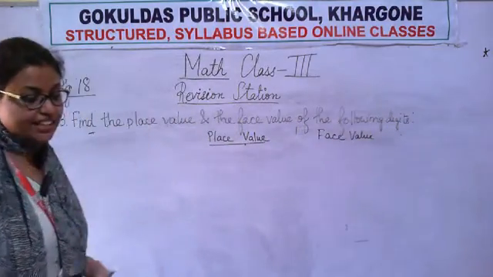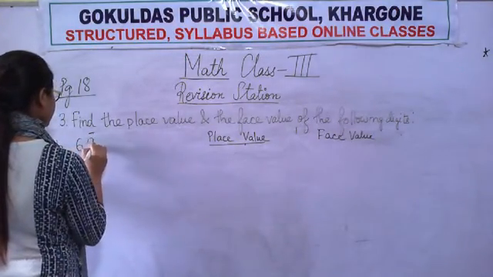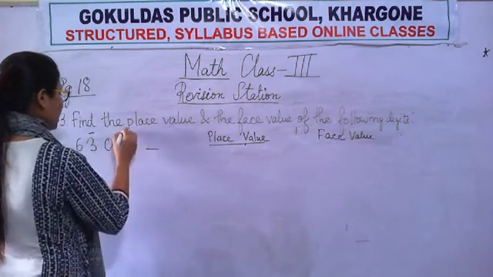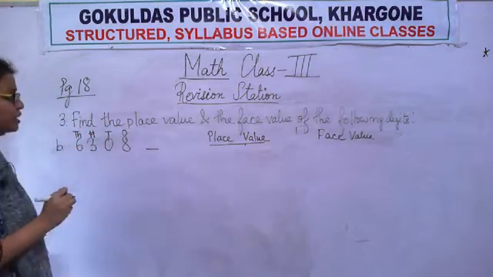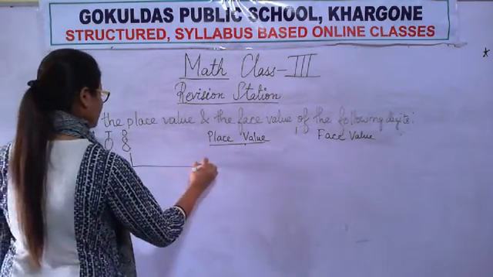Next question, 6308. Ones, tens, hundreds, thousands. What is the number? Now, place value.